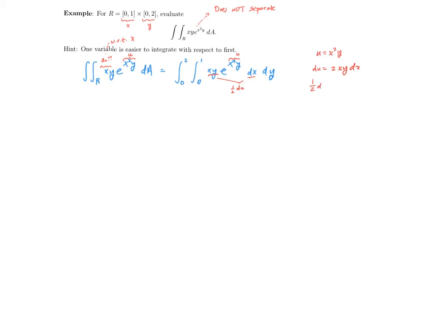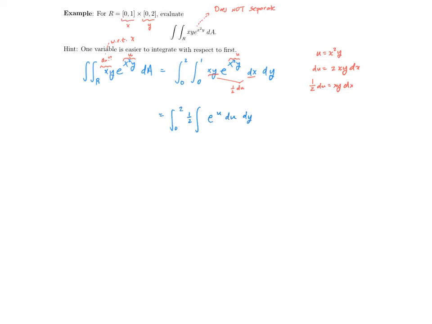So 1/2 du is xy dx. In terms of rewriting this, we have this outside integral which still remains. Then on the inside, we have a 1/2, which is a constant we can pull out, limits of integration that need to be determined, e to the u du.